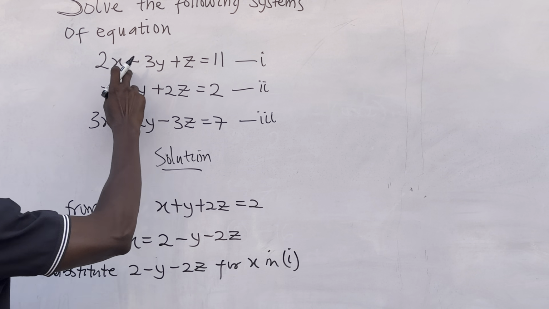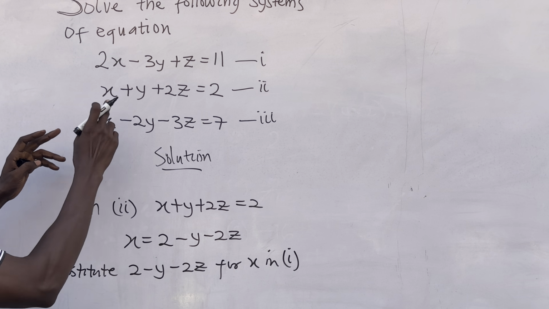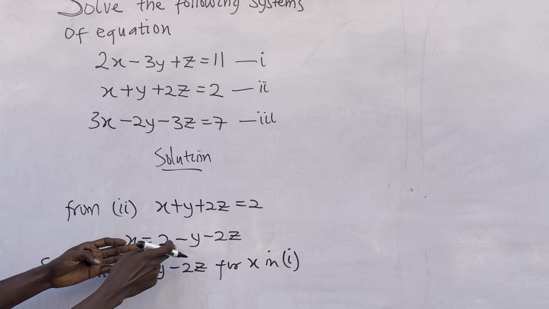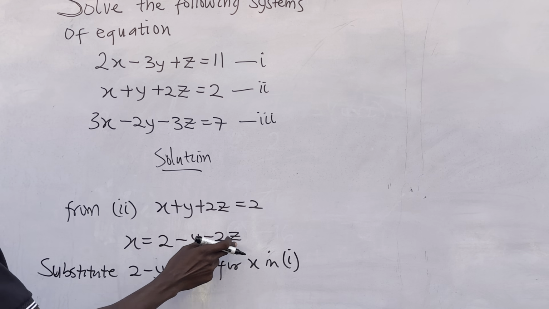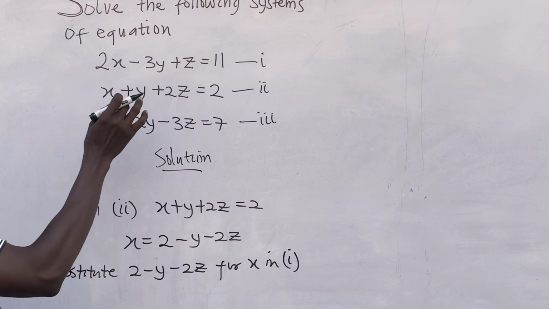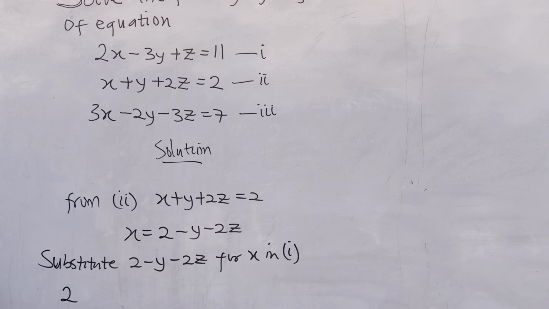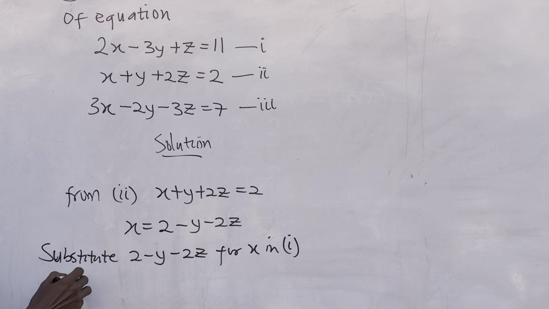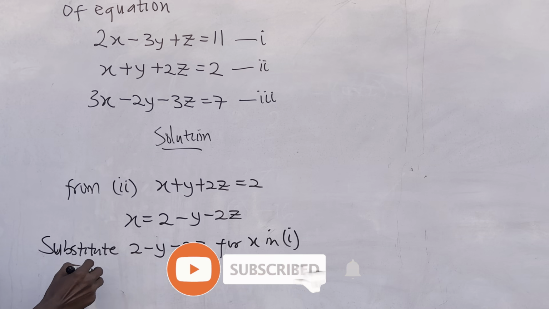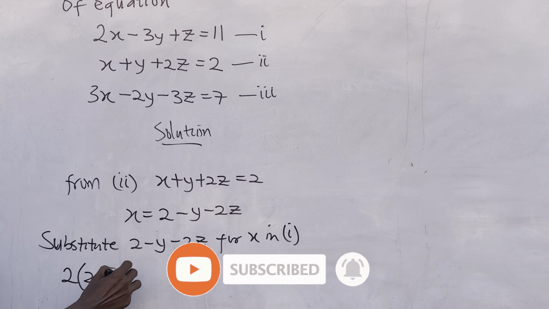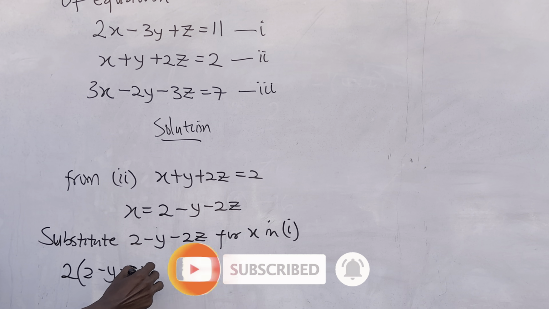So wherever we find x in equation 1, we replace it with 2 minus y minus 2z. So let's bring it here. So what we have is 2 into, instead of x now, we put what? 2 minus y minus 2z.